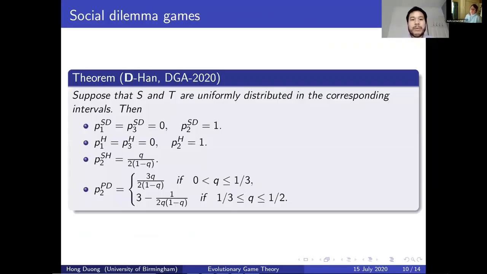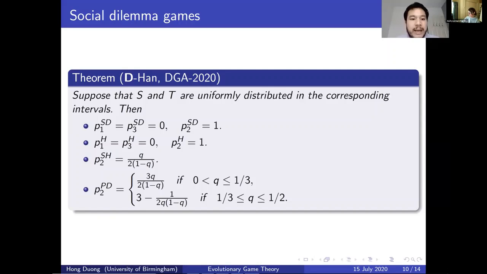Our main result is the following. Suppose that S and T are uniformly distributed in the corresponding intervals. Then we provide explicit formulas for p1, p2, and p3, which are the probabilities that a game has 1, 2, or 3 equilibria.